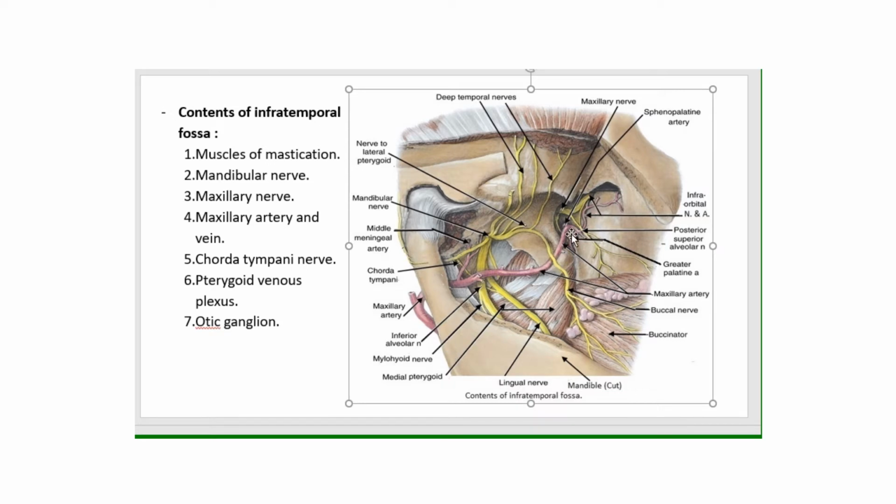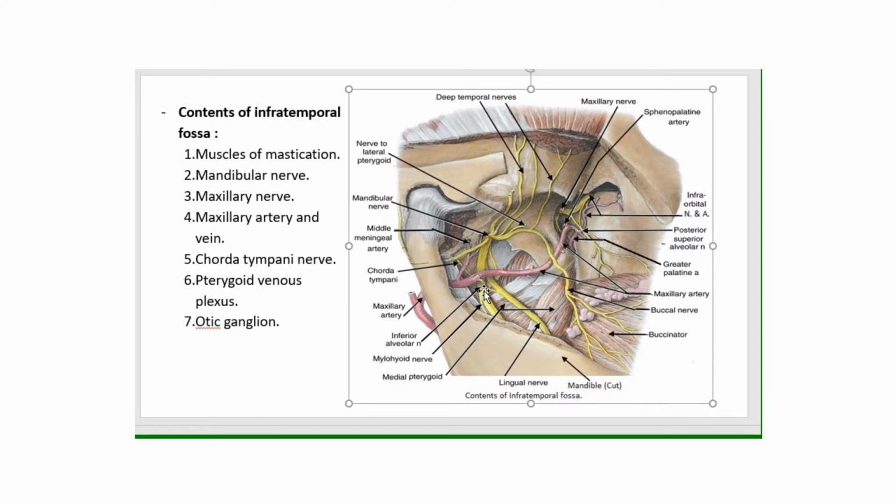Then the maxillary artery, the mandibular nerve and its branches, and the chorda tympani nerve. This yellow line is the chorda tympani nerve. This is the mandibular nerve and its branches.